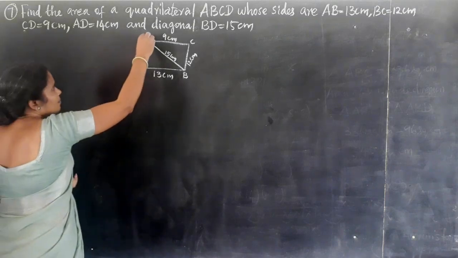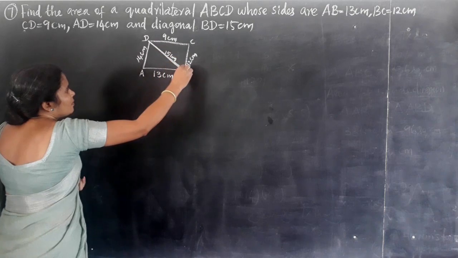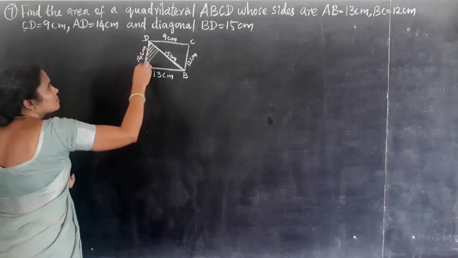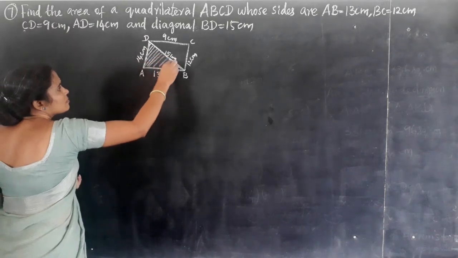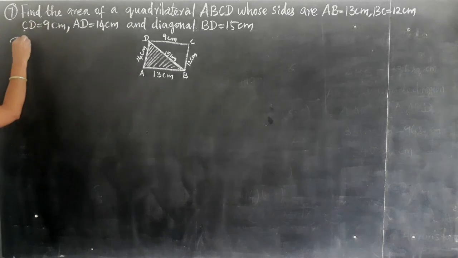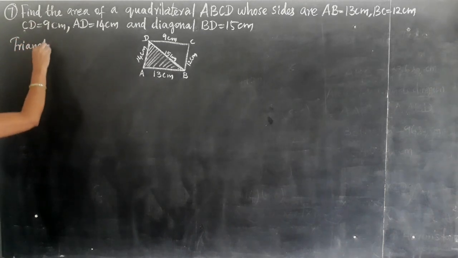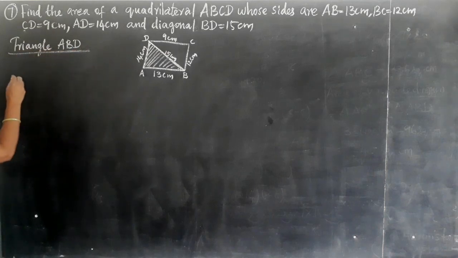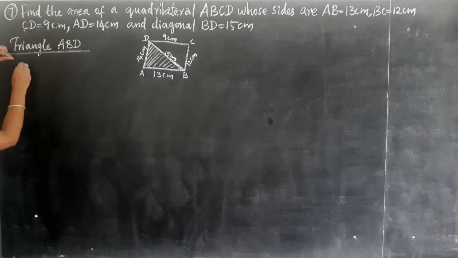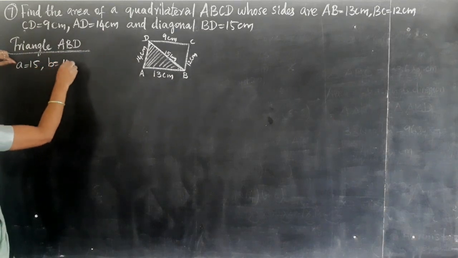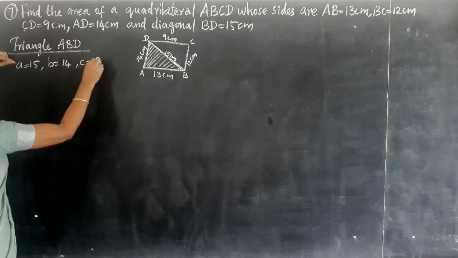Now let us take the triangle ABD. So take the sides as a is equal to 15, b is equal to 14 and c is equal to 13.